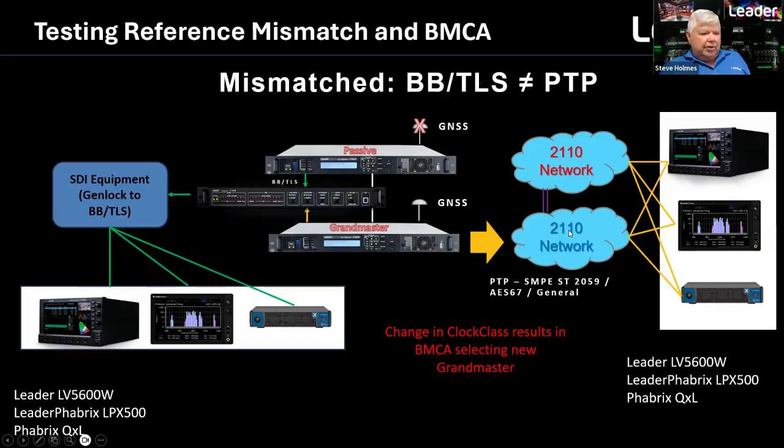This generates two issues. One, slight timing issues, since the top unit is no longer completely locked. The bottom unit is locked. There is a slight phase difference that will occur between the two. The second thing is a maintenance nightmare. When your engineer goes in to work on this and he knows that the PTP has switched over, he isn't really thinking about the SDI baseband signals.